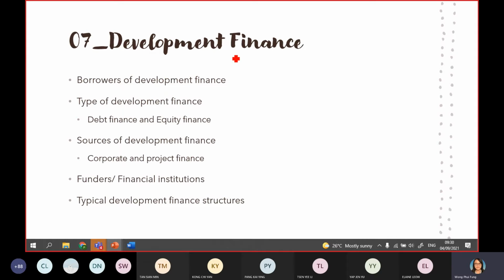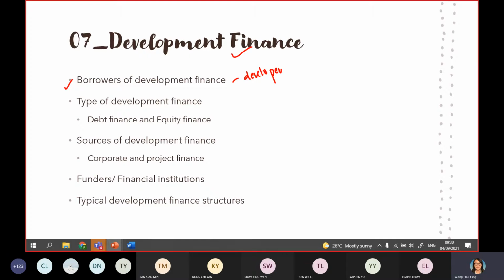Then come to the development funding. At the beginning of the chapter, you understand who the borrower of development finance is. It is the developer. So don't confuse yourself about the borrower and the funder. The borrower here refers to the developer. The developer can be divided into merchant developer and investor developer.